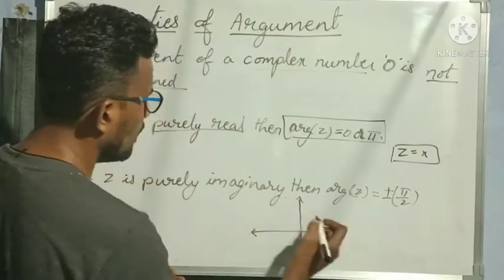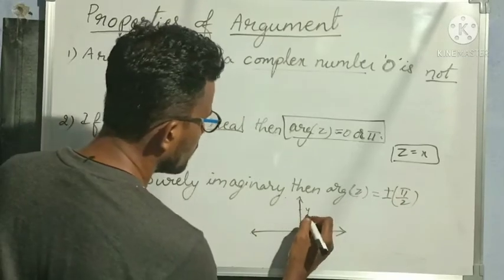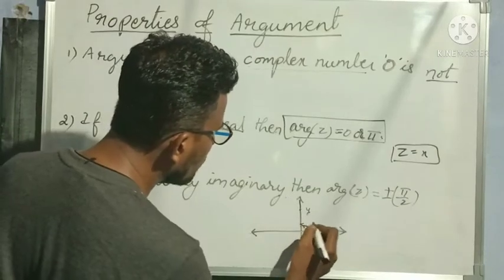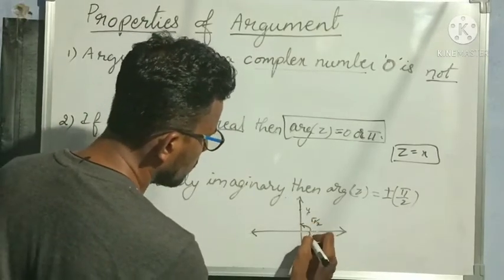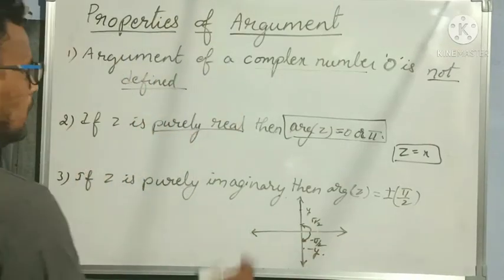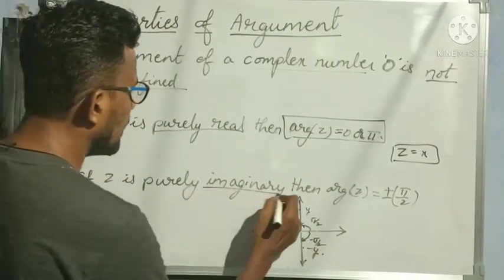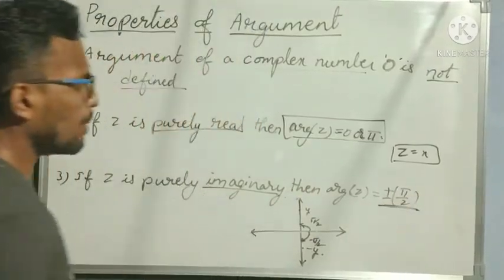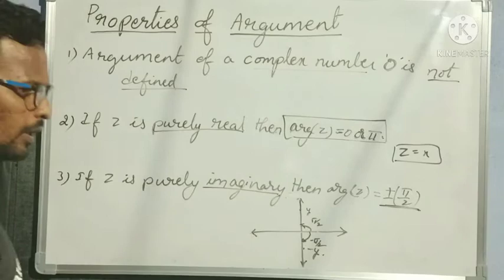If Z is purely imaginary, it will be on the positive y-axis or the negative y-axis. Going from here to here, this will be pi by 2. Going from here to here, on the negative axis, this will be minus pi by 2. So if Z is purely imaginary, the argument of Z will be either plus pi by 2 or minus pi by 2.